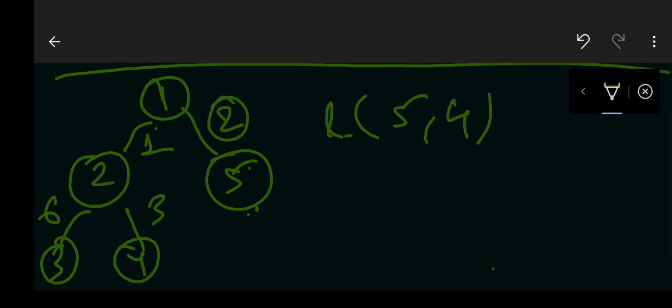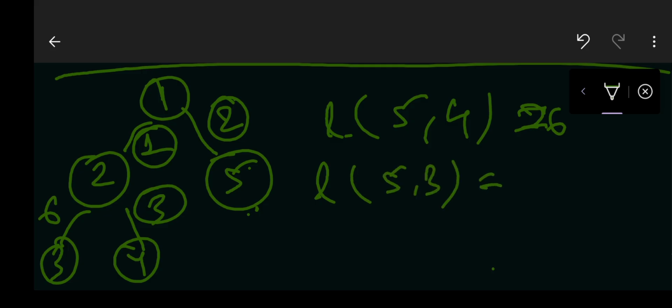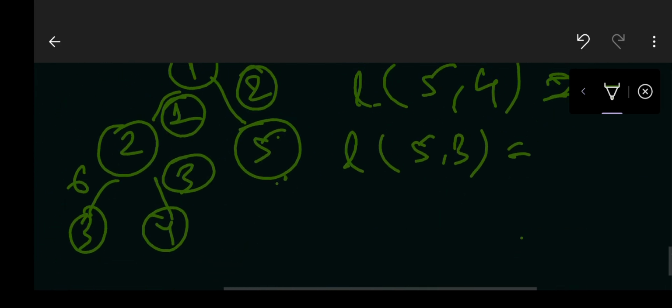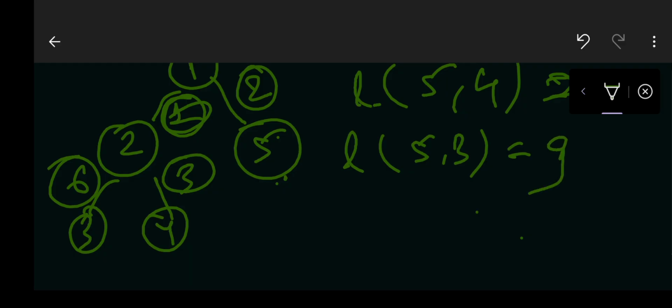You will say 2 plus 1, 3, plus 3, 6. Okay, and what is the length between 5 and 3? You will say very easily that the length is 2 plus 1 plus 6. How much is it? 9. So what is helping you to determine the distance here? The weights. Weight is helping you to determine the distance.